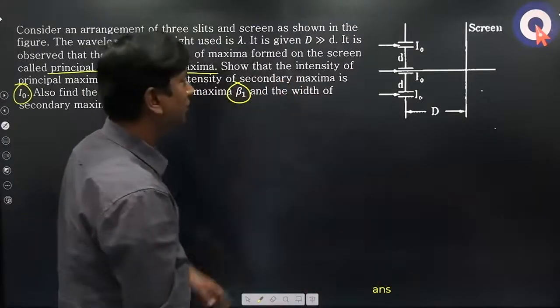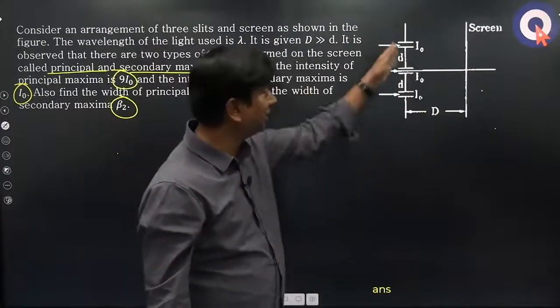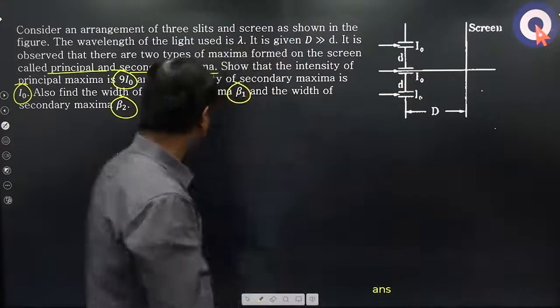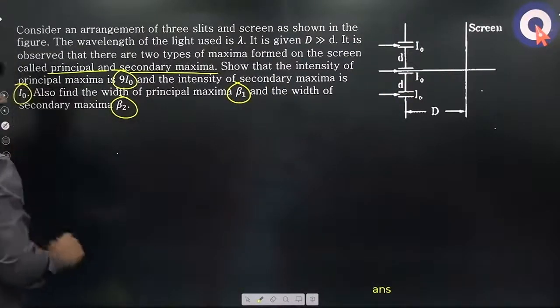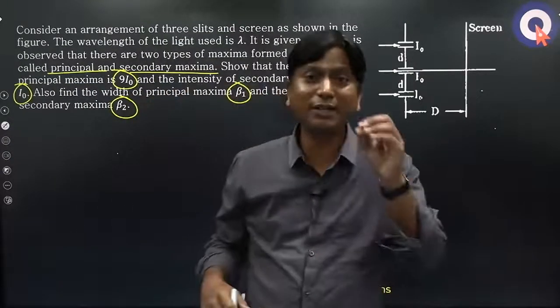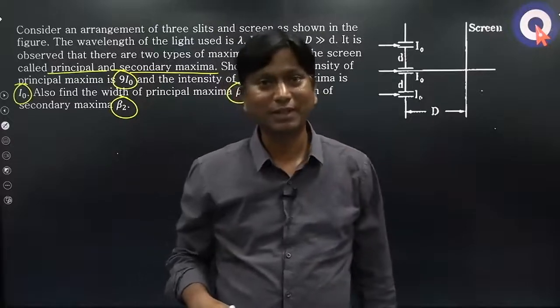Okay, please look at the slits. There are 3 slits. Right or not? So it is a typical question. Something like 3 waves are there with a path difference. So better we go with the amplitudes, right?